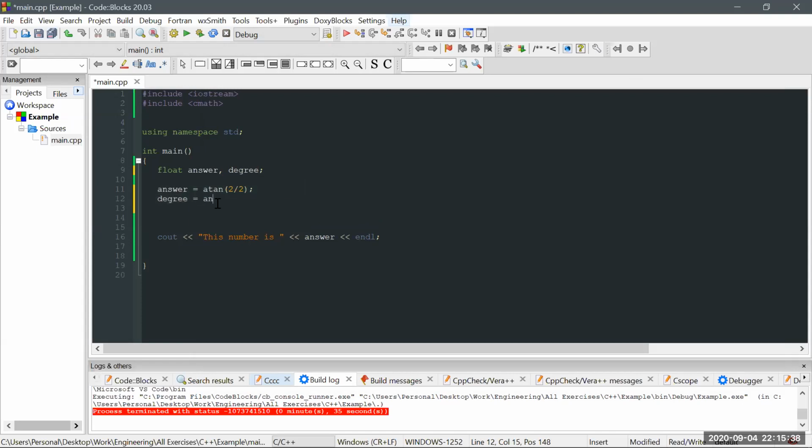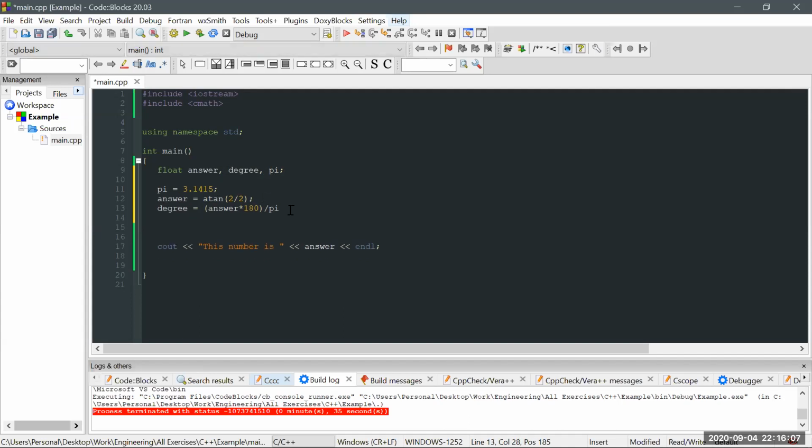So I need my answer to be multiplied by 180 degrees, and of course, I want it to be divided by pi. Now, pi, I also need to declare. So I will declare the value of pi as 3.1415. I just rounded it off.